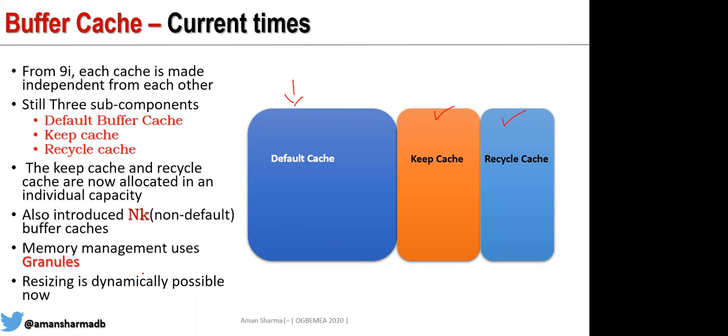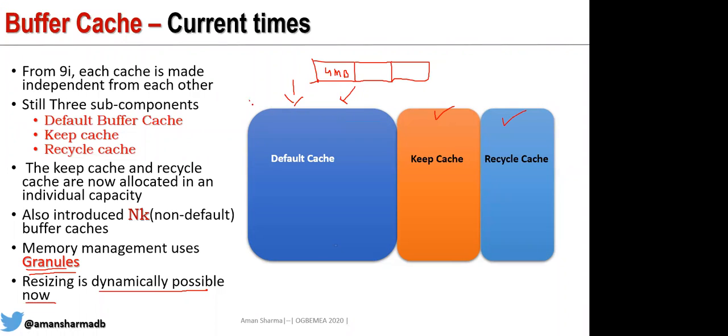Plus, these caches can now be dynamically resized. And also, the memory allocation of these is now done with the help of a memory chunk called a granule. So take a granule as a unit of memory. You are going to have a structure where a granule, for example, is of 4 MB, and you allocate multiple such granules to allocate the memory for these caches.